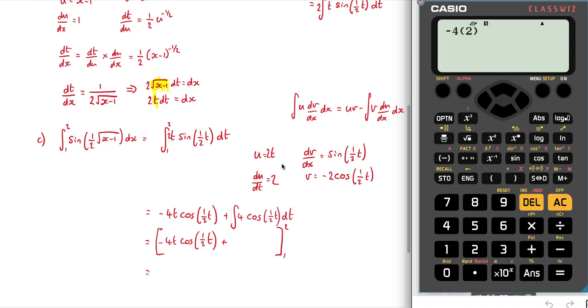of a half t. My limits are going to be different. So this is going to be the integral of 4 cos half t. So that's going to be, cos goes to sine, so that's going to be plus 8 sine half t.